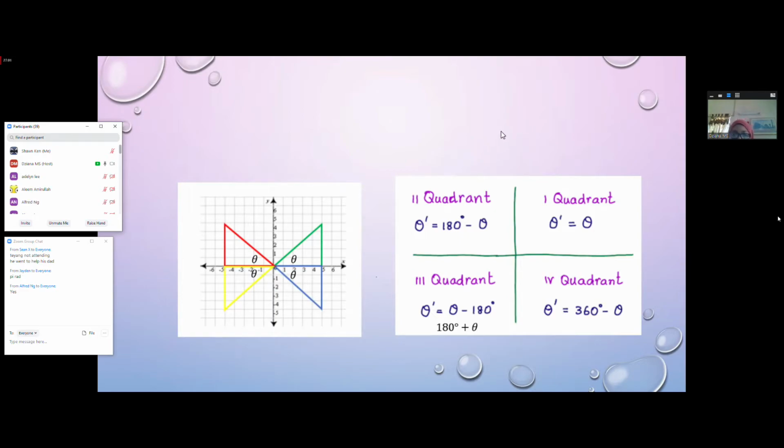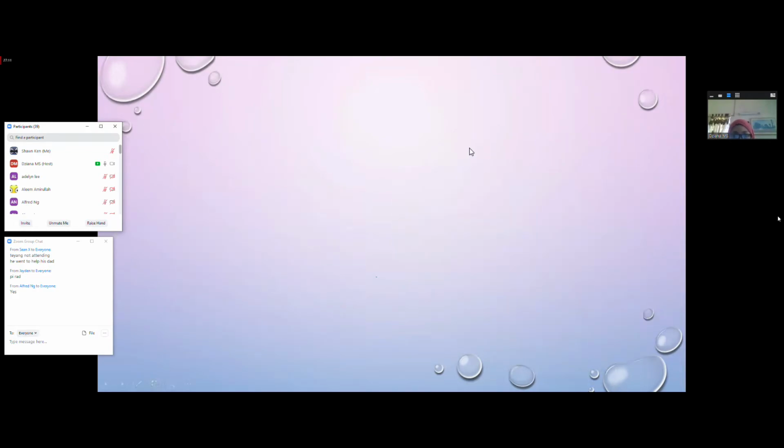Remember this one, because for the next questions you will always use this to answer. Solving trigonometric equations. I will start with a simple equation first. This one is just a revision of your maths.